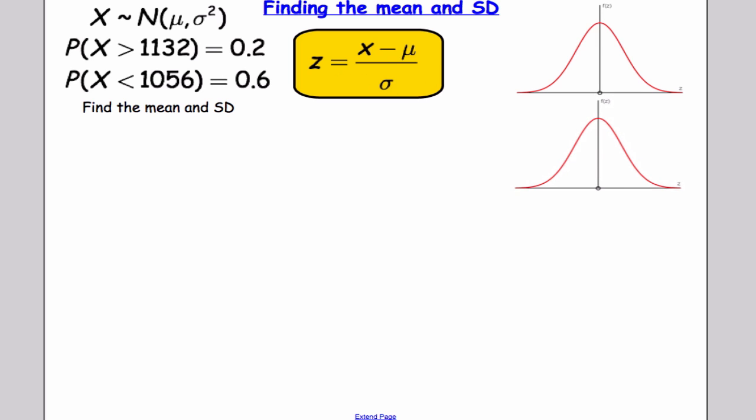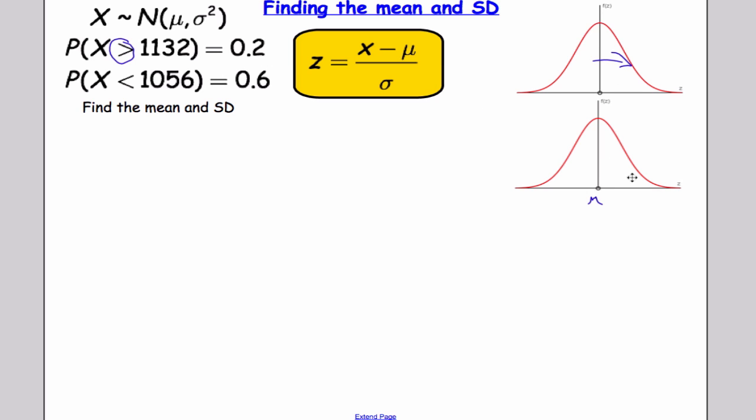Right, so the random variable has a mean mu, which is going to go there, and I'm also told that the probability that x is greater than 1132 is equal to 0.2. Okay, once again, we've got a small probability, it's less than 0.5, and we're looking at greater than, so we're going to look to the right.